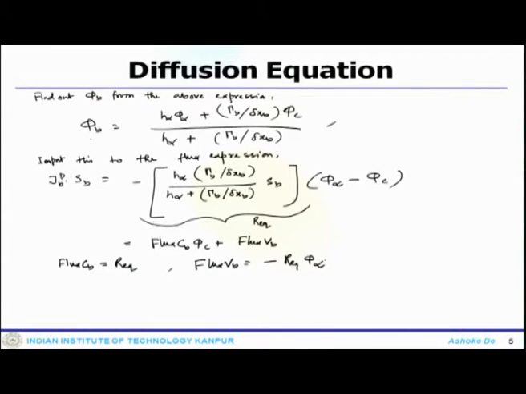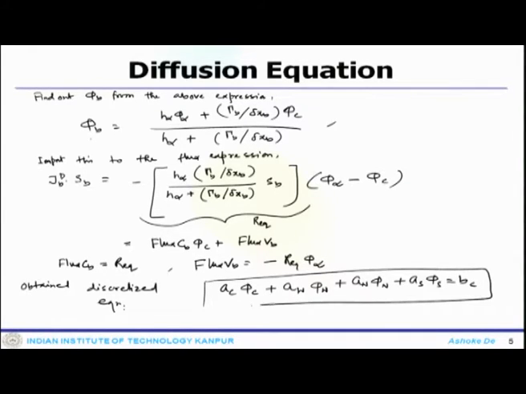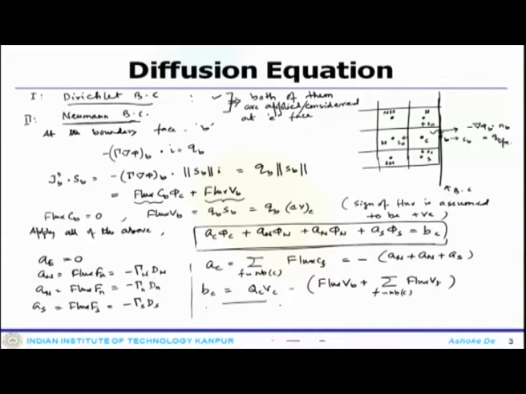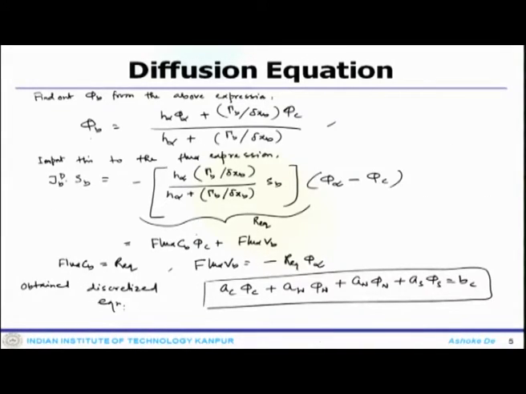So, once you use this information and put it in the obtained discretized equation, it would have the expression like A C phi C plus A w phi w plus A n phi n plus A s phi s equals to B C. Again, if you look at the similarity between your Neumann condition, the expression which is obtained there and the expression obtained for the mixed condition, they look similar algebraically, or notation wise they look exactly similar.